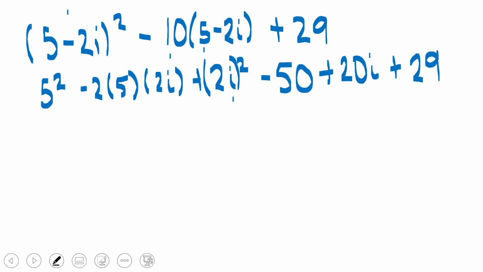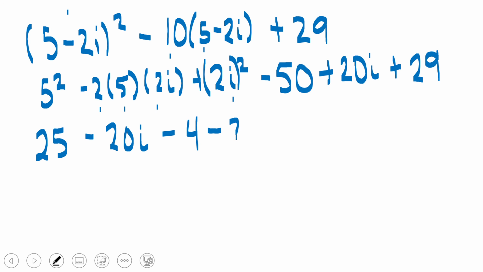Simplify further. I'm going to have 25 minus 20i. Rename that grouping here. Minus 4 minus 21 plus 20i equals 0.